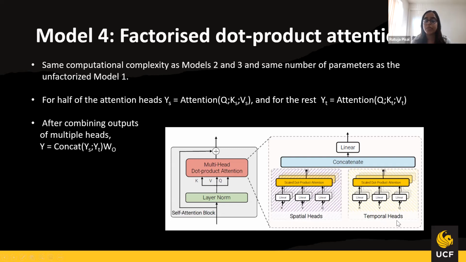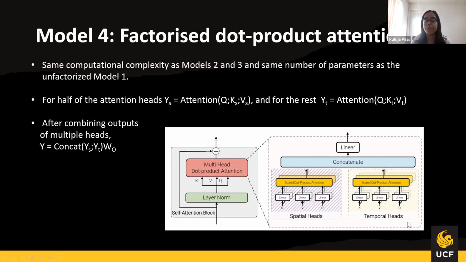In this case, the concept of neighborhood is very important in the sense that for half of the heads, we compute a dot product over only the spatial axis, as you can see in the right half part of the figure. And for the other half, over only the temporal axis. We then generate keys for these attention heads.